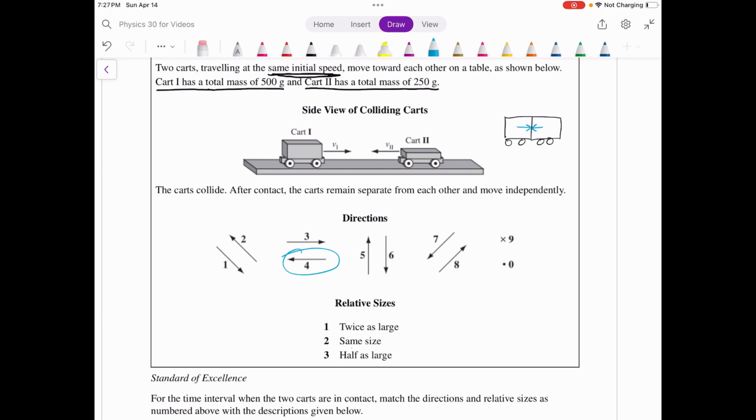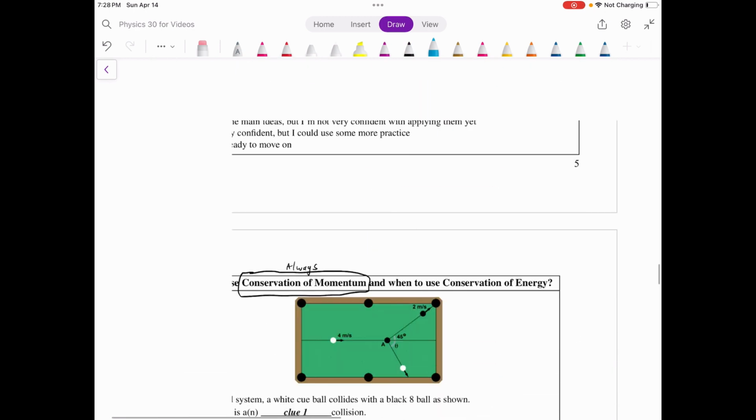I think what students were probably thinking is that because this one has a larger mass, its velocity won't change as much, right? But there's no law of conservation of velocity. There's a law of conservation of momentum. So they're right, the velocity won't change as much for this one, but the momentum change will be equal and opposite, as we talked about in all these previous examples up here.